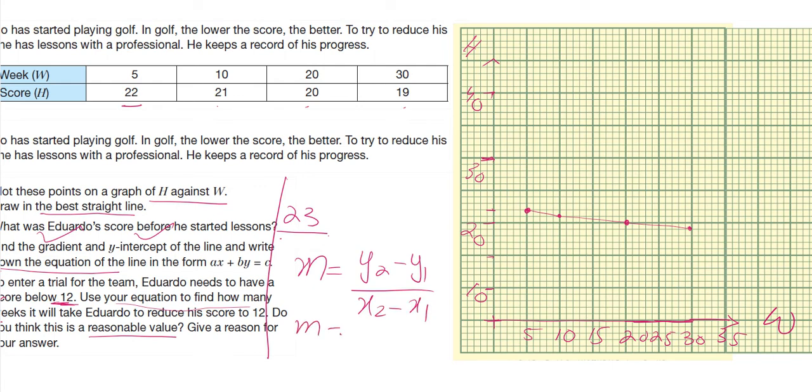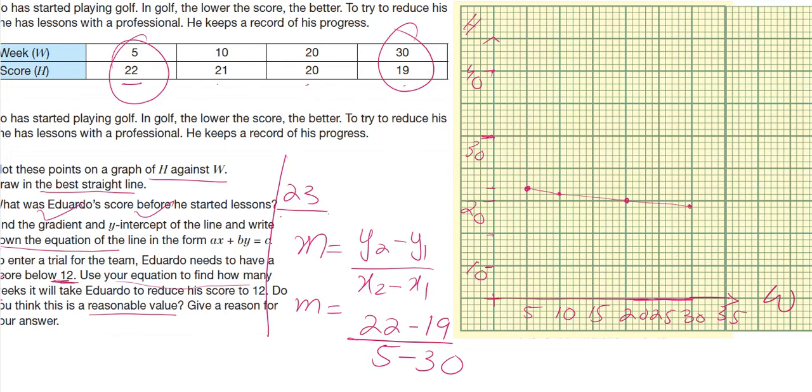Okay, I'm using this one and this one. So the y values are 22 and 19, and the x values are 5 and 30. Okay, so you got minus 3 over 25 as the slope, or you may say the gradient.